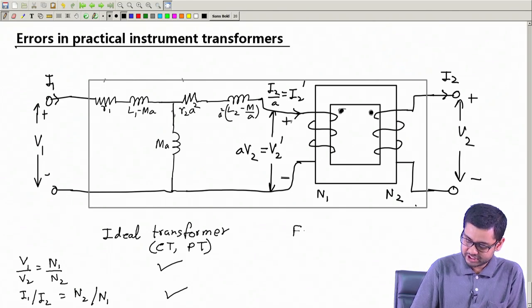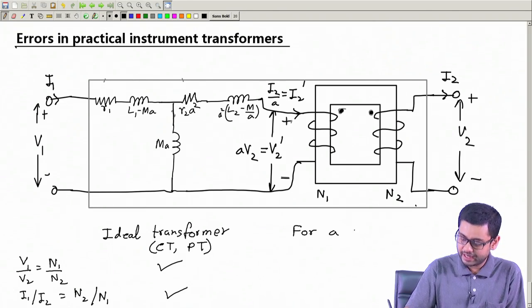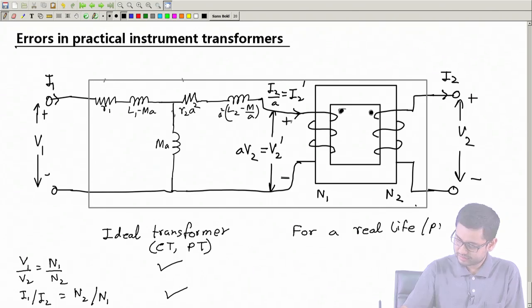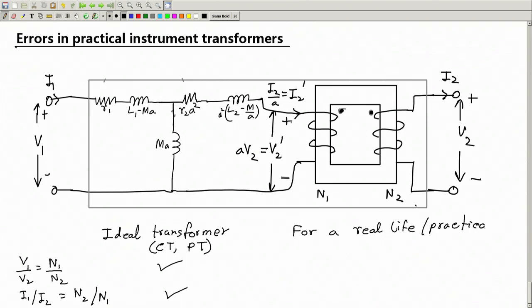But for a practical, real life transformer, CT or PT, neither of these equations holds true. Then how do we analyze a practical transformer?